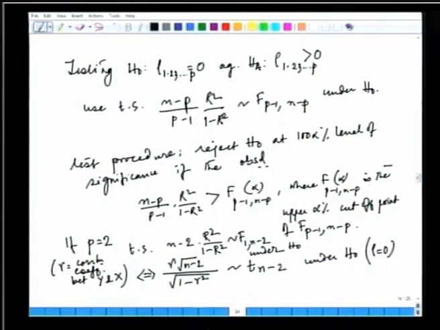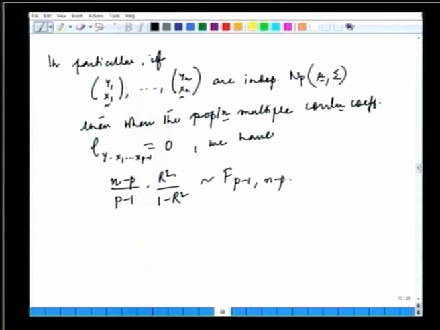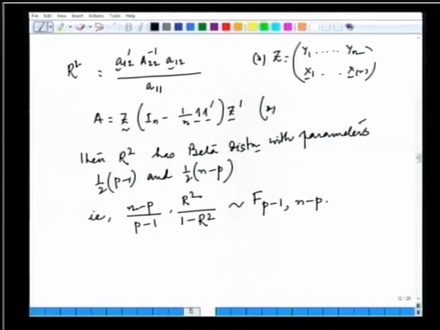Okay. So after this we have only one thing to be considered, but note one factor: we have not actually derived the distribution of this thing, r square by 1 minus r square, or the beta distribution that we are talking about. That is, what we have is that r square has the beta distribution with parameters p minus 1 by 2 and n minus p by 2.